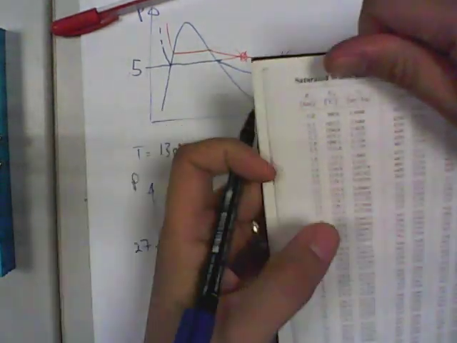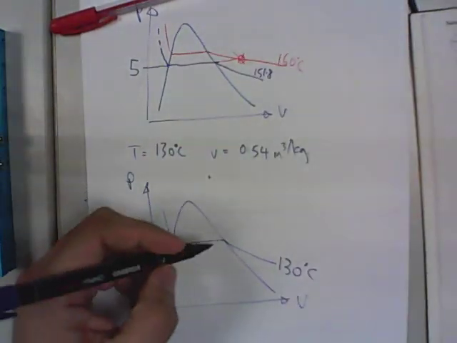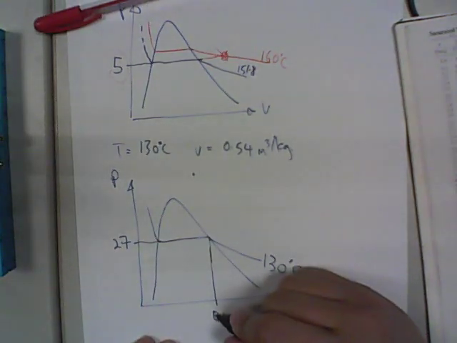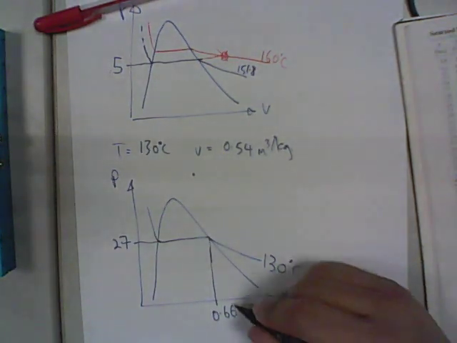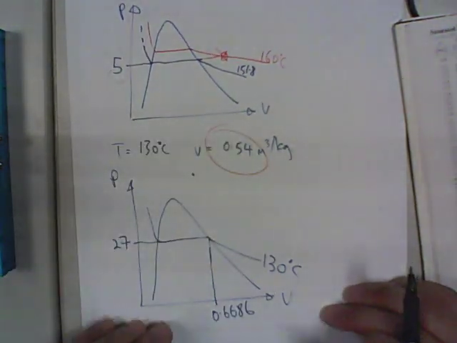Since the state is at 130 and the volume is 0.54, you will see that the Vg is 0.6686. So actually this point is 0.6686. Where do you think this value is?